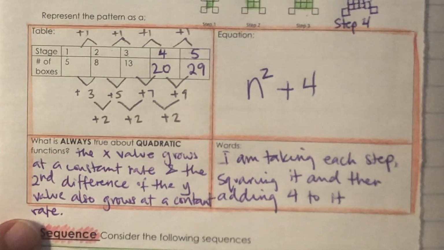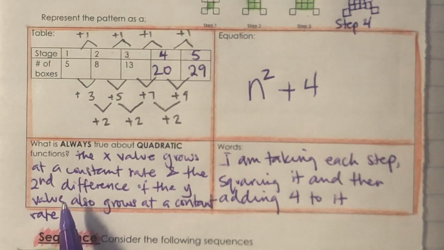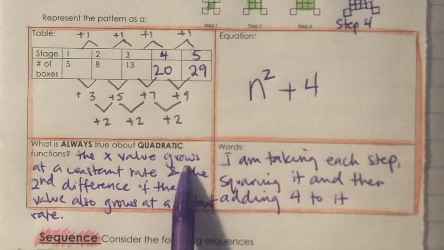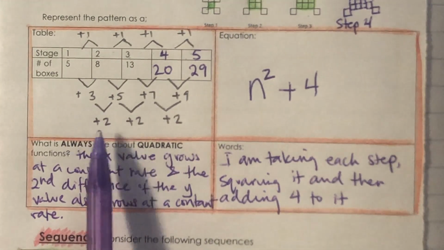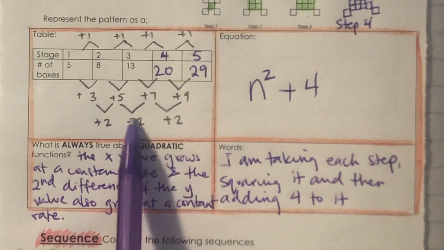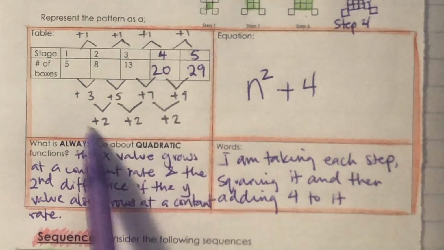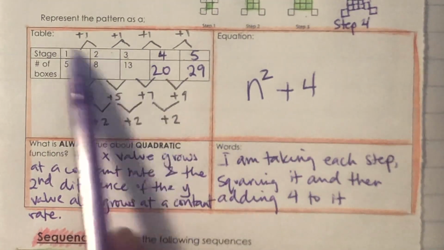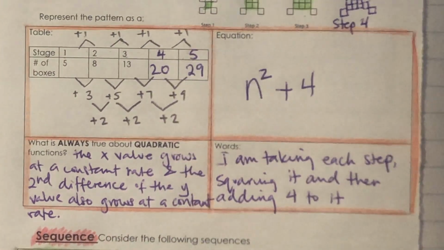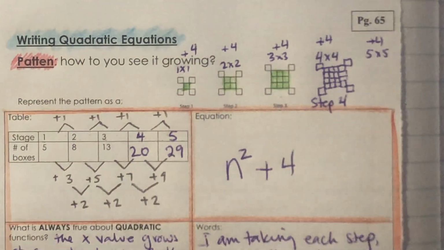All right, so this is a very, very important thing. The x value grows at a constant rate, and so does the second difference for the y value, okay? So for it to be quadratic, the second difference must be constant, and the x value also must be constant. All right? So if they give you a pattern, you just look at the pattern and figure out what's happening in each one.